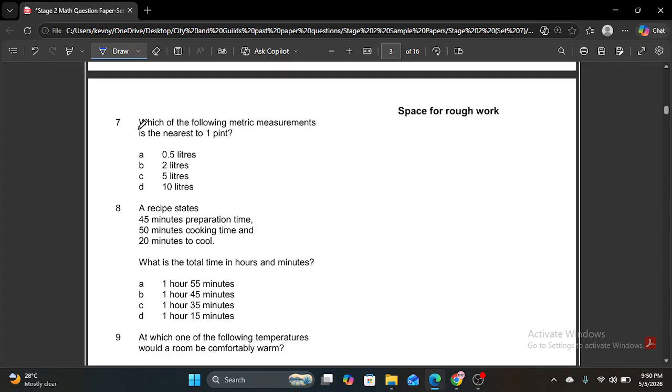In math, 1 pint is equal to 568 milliliters.